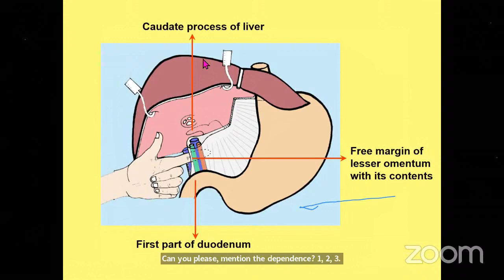Yes. Portal vein, hepatic artery, and bile duct. Very good. So the anterior relation is the free margin of lesser omentum with its contents, and the posterior relation is the inferior vena cava. That was our question. So these important relations you should know. If the question was structures injured anteriorly, it can be hepatic artery, portal vein, and bile duct.